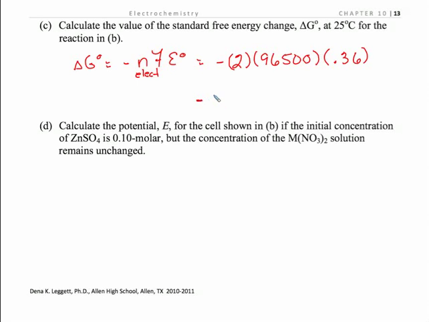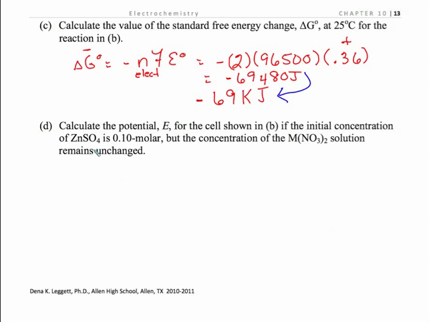So my final answer is negative, it better be negative because it's spontaneous, right? Positive E naught is spontaneous, negative delta G naught is spontaneous, and I end up with negative 69 kilojoules, right? This actually gives me minus 69,480 joules, and when I round that and convert to kilojoules, I get minus 69 kilojoules.